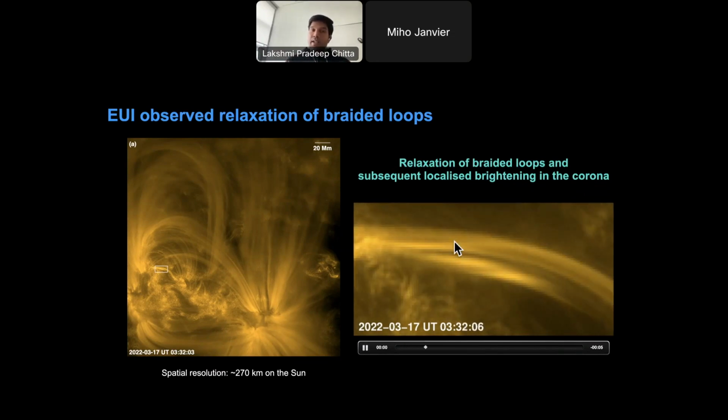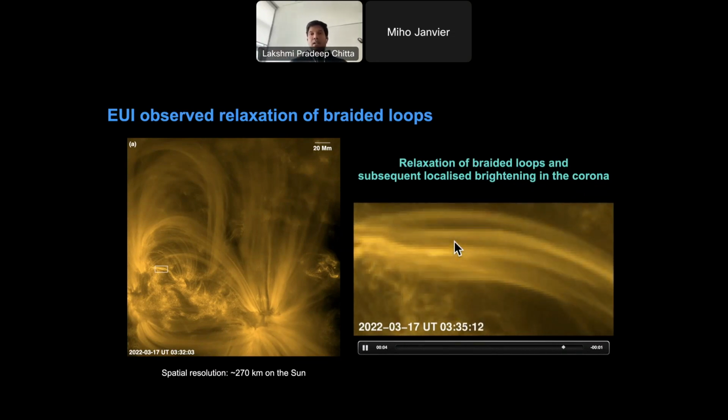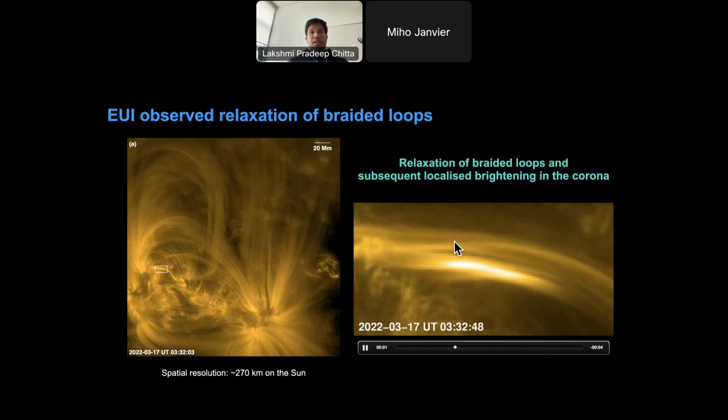So this, we think, is a signature of the magnetic reconnection happening in the corona, or relaxation of the braided magnetic field lines, and the localized brightening associated with that.